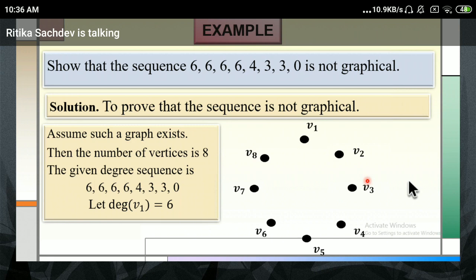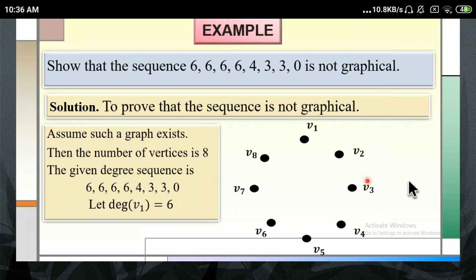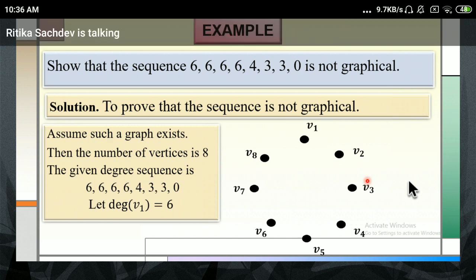So if I connect V1 and V2, I will have one edge, so degree will become 1. If I connect V1 to V2 and V1 to V3, I will have degree 2. Piyush and Divya are saying connect V1 from V2 to V7. So if I join V1 to V2 through V7, the degree will become 6.